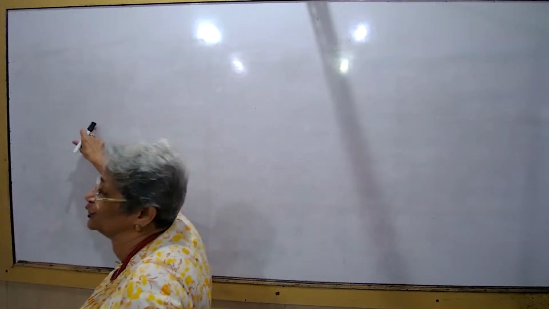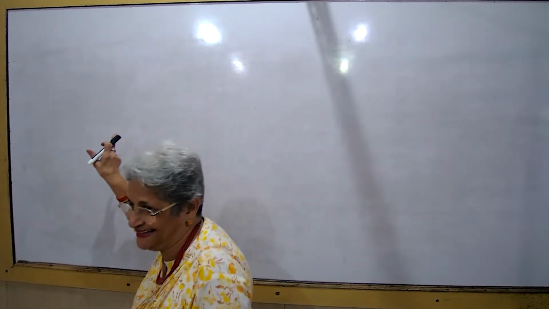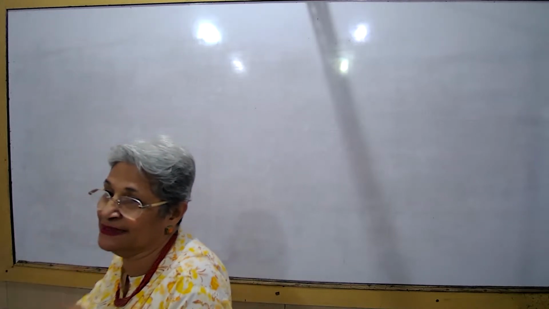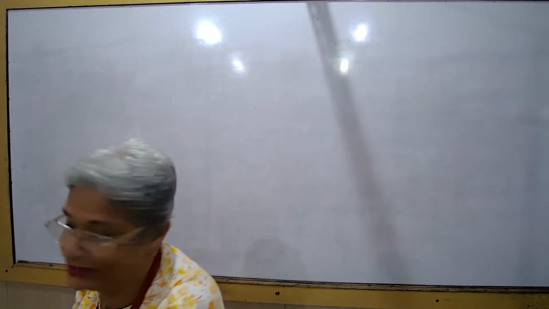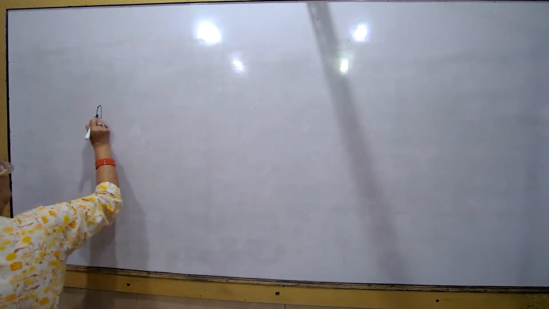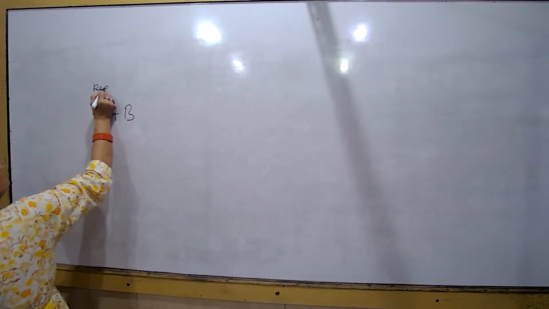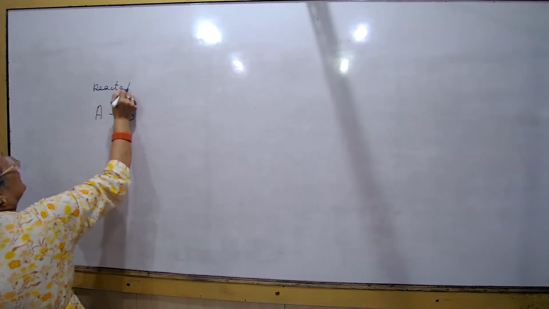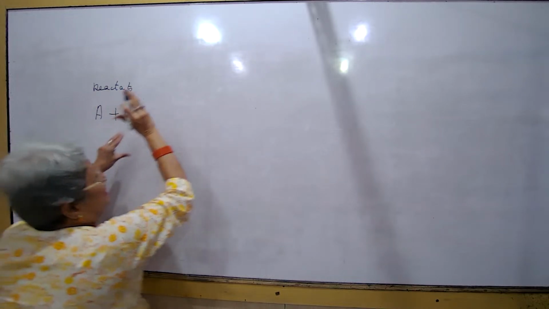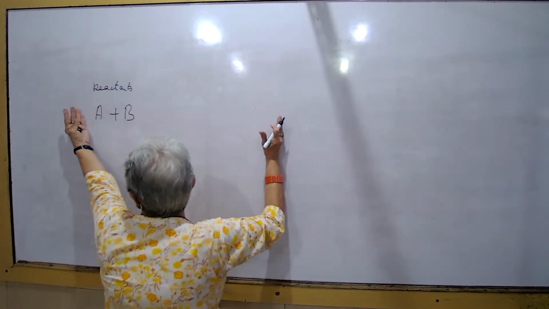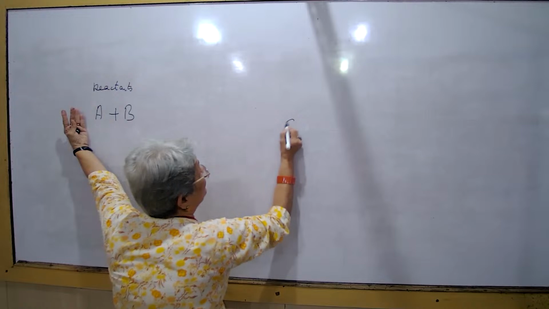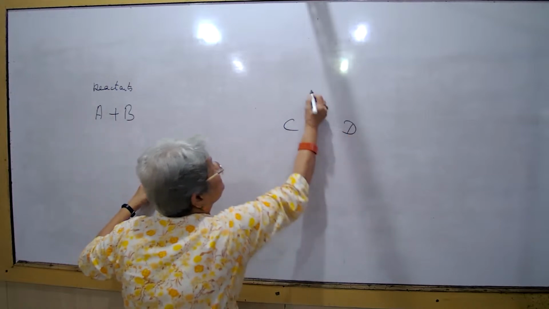If there are two or more reactants, they are separated by a plus sign. So suppose you have A, B, these are the reactants, on the left-hand side, and on the right-hand side, we have the products.